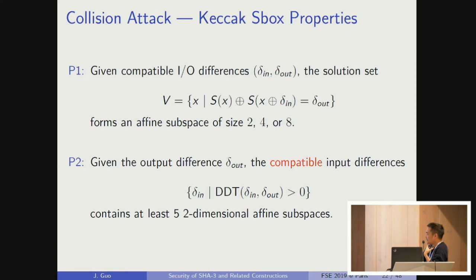The second property is that, given the output difference delta out, the compatible input differences contain at least 5 two-dimensional affine subspaces. By compatible we mean the DDT value is greater than 0. So given the output difference, find all the input differences, and there are at least 5 two-dimensional affine subspaces among this set.